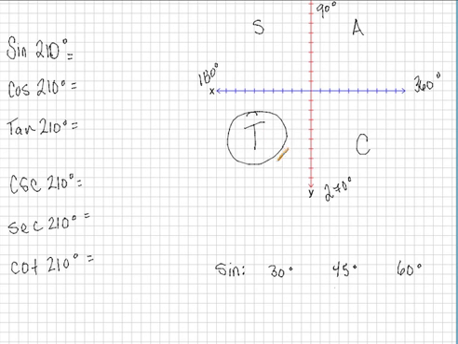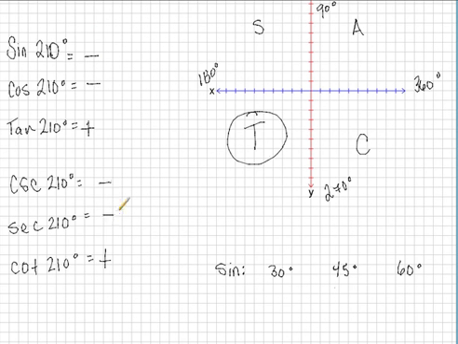However you memorize it, it's going to tell you which trig functions are positive in the particular quadrant that you're in. I have a T in the 3rd quadrant, which tells me that my tangent is positive. Since cotangent is the reciprocal of tangent, that will also be positive. Taking the reciprocal of something does not change the sign. Everything else is going to be negative.